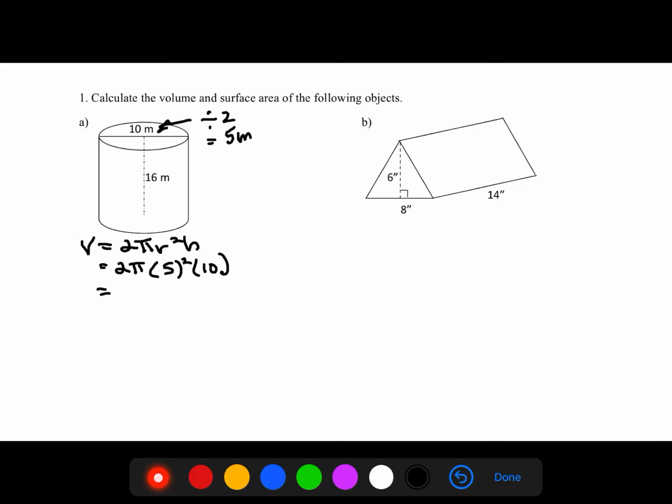Now, again, we want to make sure that when we're doing these calculations, the only part of this that's squared is the 5.